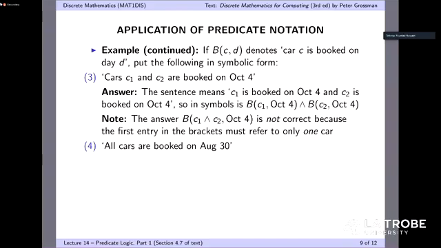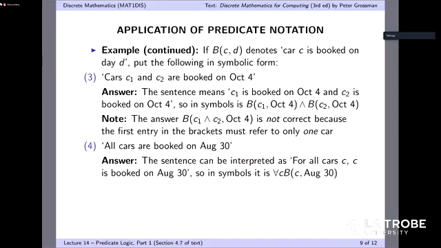So for all C, such that B, C, August 30. That means now quantifiers are outside. That says all cars are booked on August 30. Okay. Any questions?